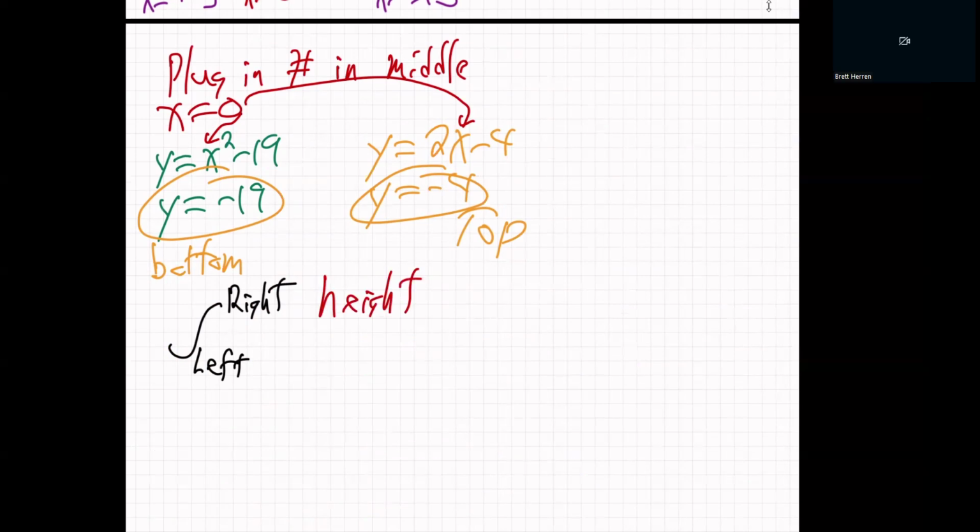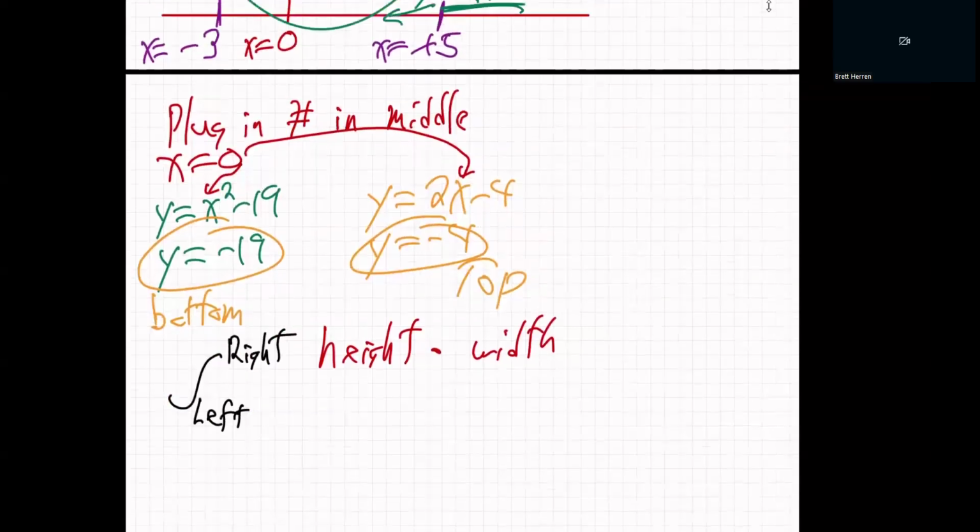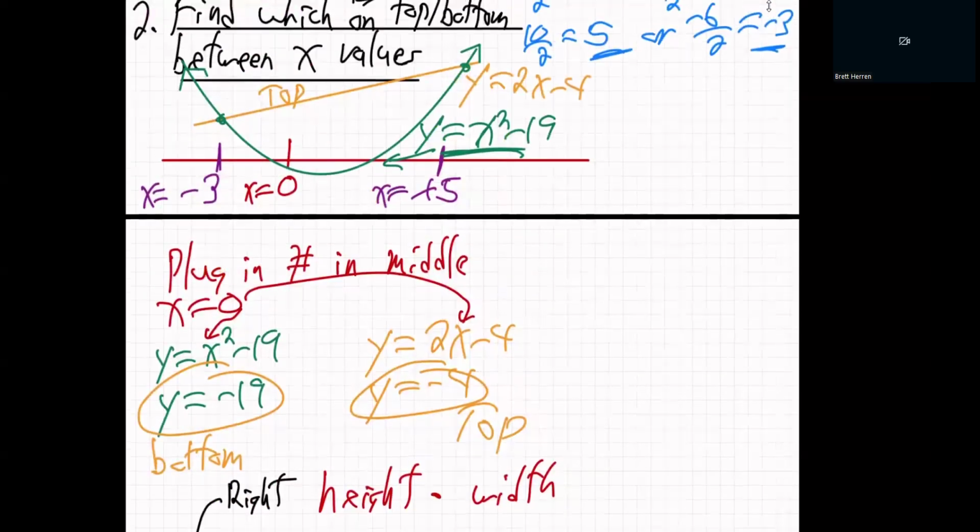Because we're imagining we're going to figure this out with a bunch of rectangles times the width for each of those. Let me show you what we're talking about here. We're talking about putting rectangles like this to figure out the area between these two graphs, right? Rectangles like that.